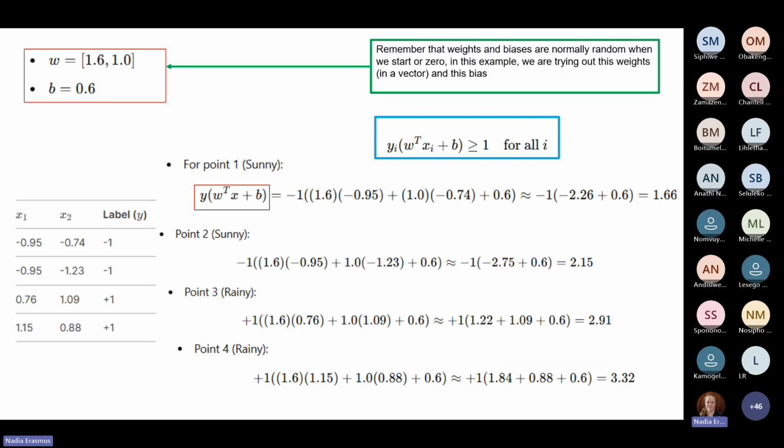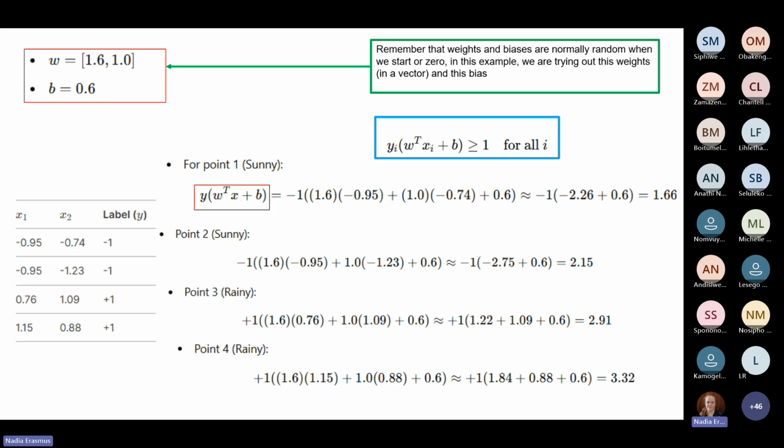So we have the label as well, so that's why we have the minus 1 in front. Data point 2, so it's minus 1. In brackets, this whole thing is in brackets, we have the weight times the data point, the weight of x2 times the data point of 2 plus the bias. Okay, then we have it approximately 2.15. It is definitely greater than 1, so it is sunny.